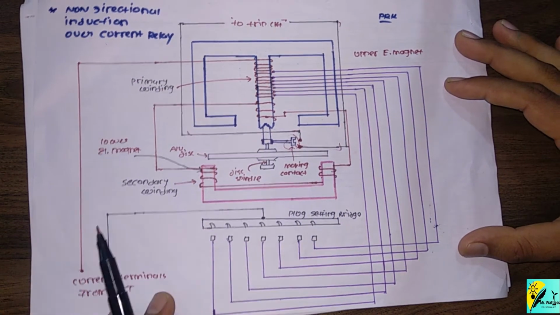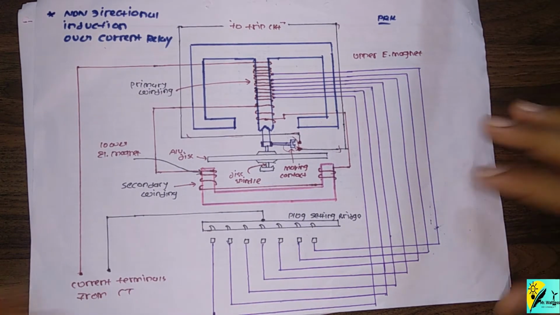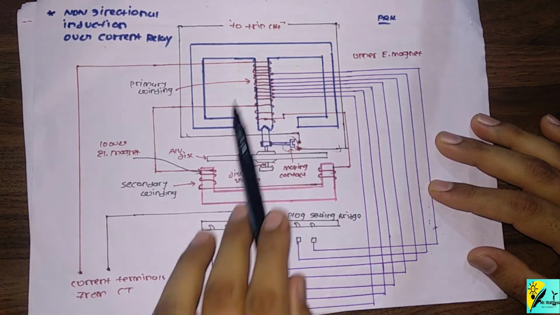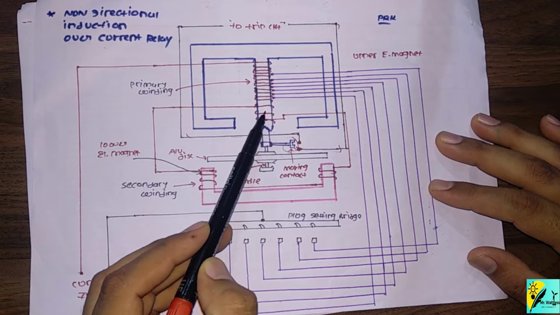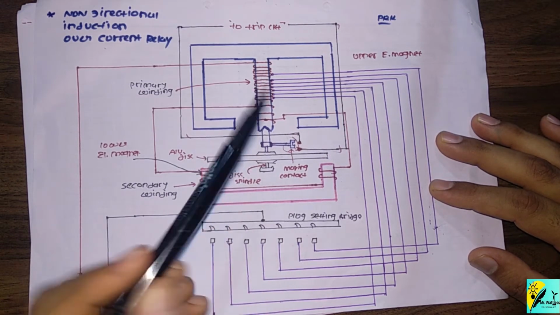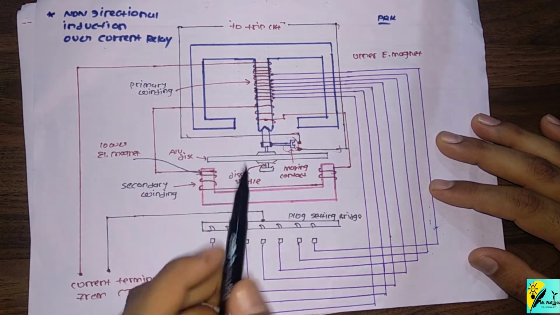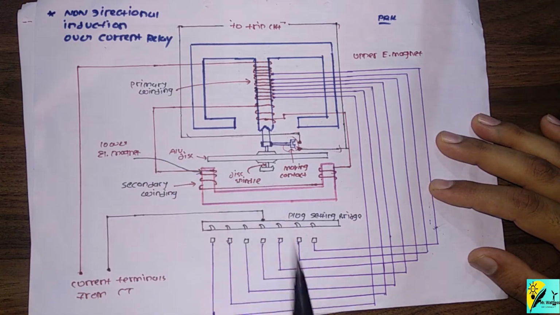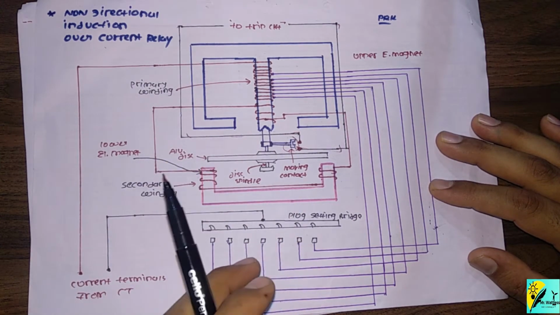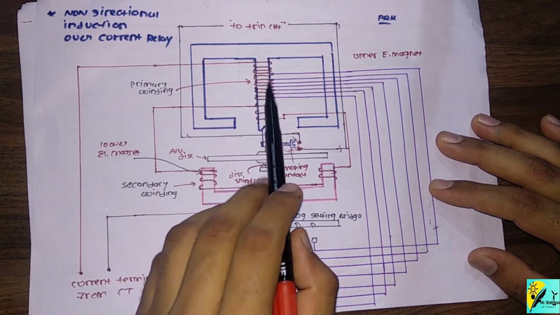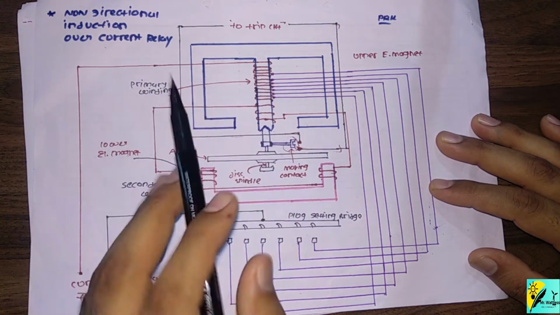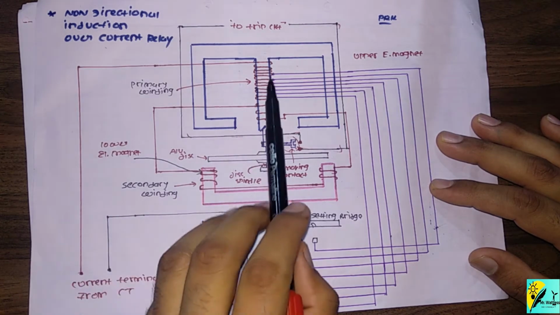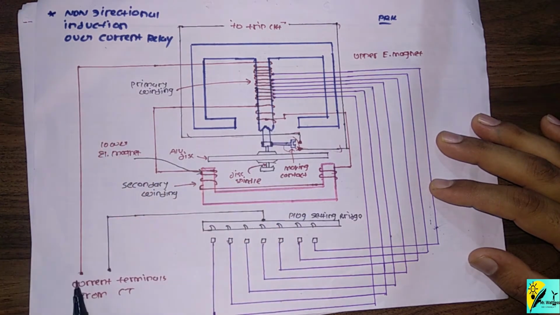The upper magnet has two windings: the first one is primary, and the other one is secondary. The primary is connected to the secondary of the CT on the line to be protected. Again I am repeating that the primary is connected to the CT secondary.